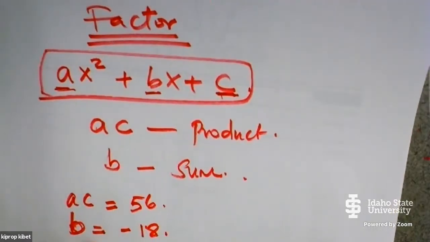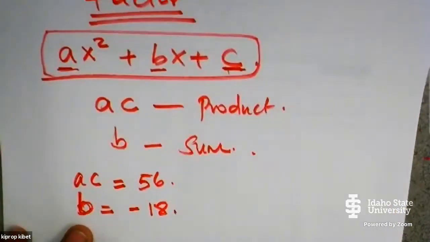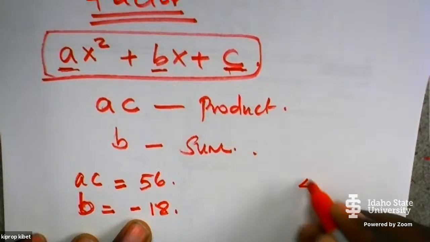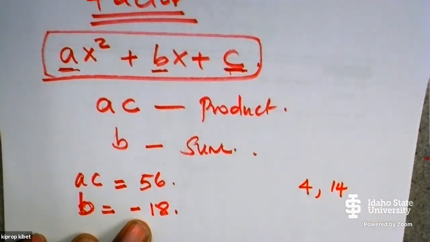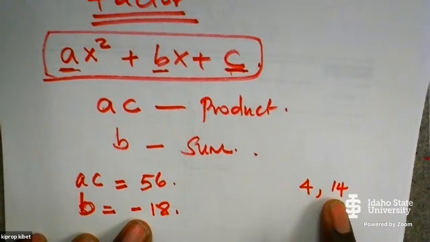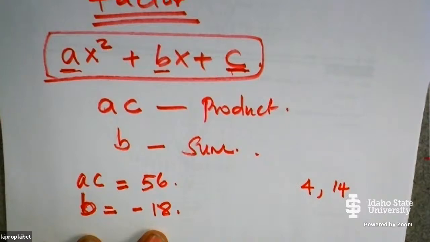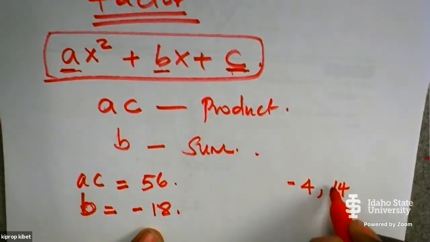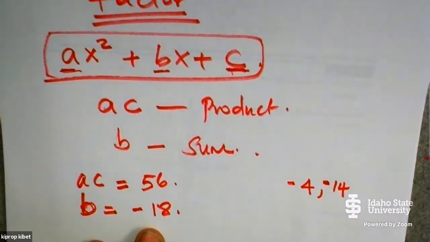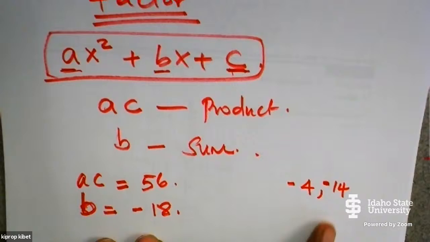What are the two numbers? 4 and 14. 4 times 14 is 56. Now, the sum should be minus 18, so it should be minus 4 and minus 14, because minus and minus would be positive.